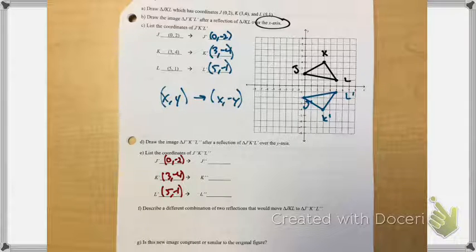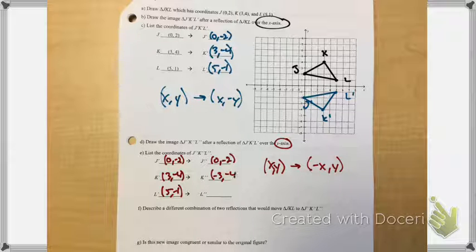So to make our new image, we have to go over the y-axis. And what's happening to go over the y-axis? Our (x, y) is changing to (negative x, y). We're flipping left to right, which is a change in x value. So negative x, y on those is going to give us 0, negative 2, negative 3, negative 4, and negative 5, negative 1.